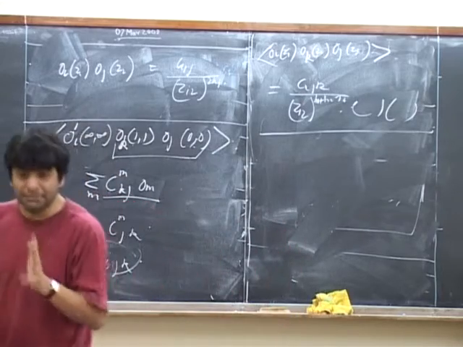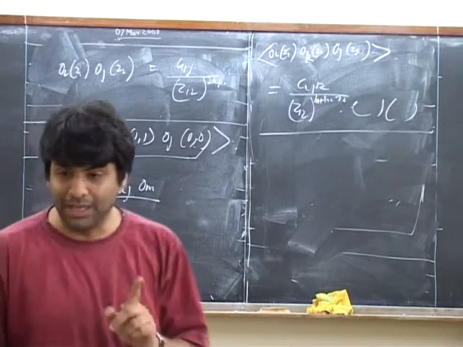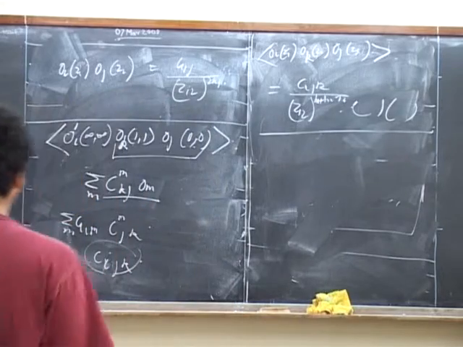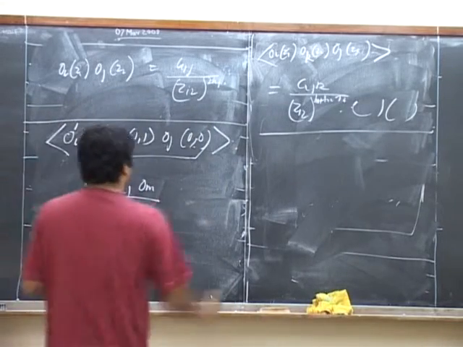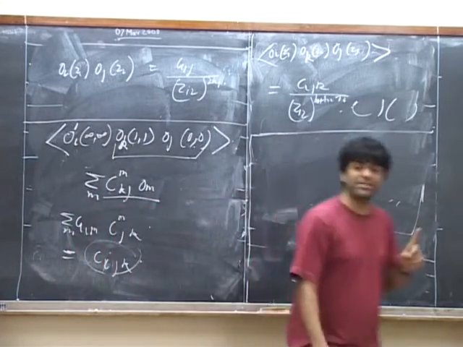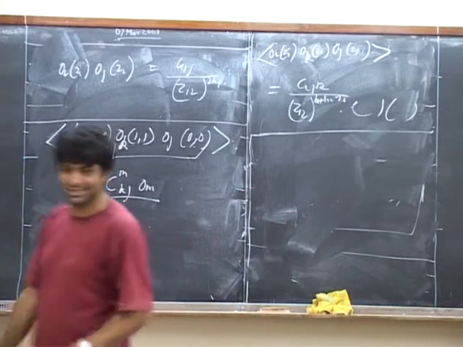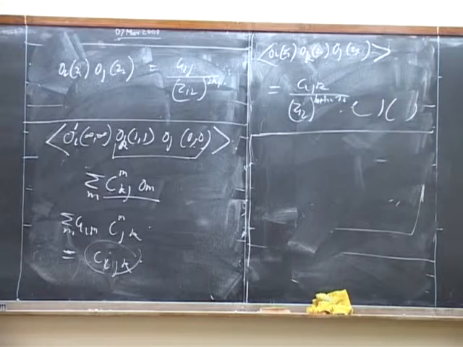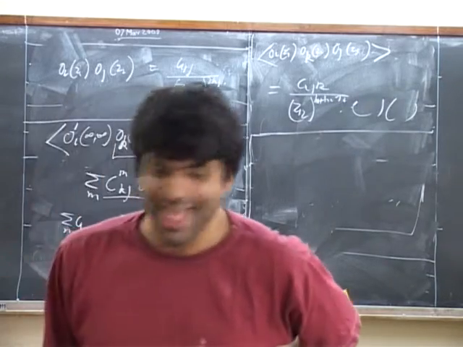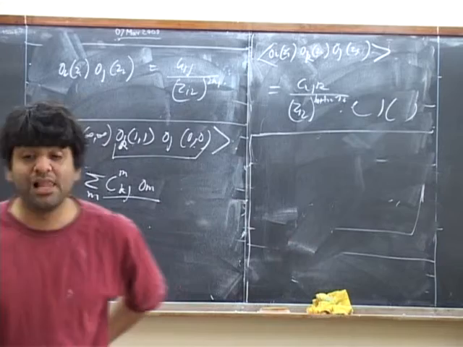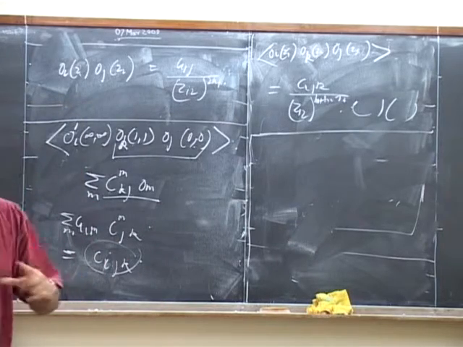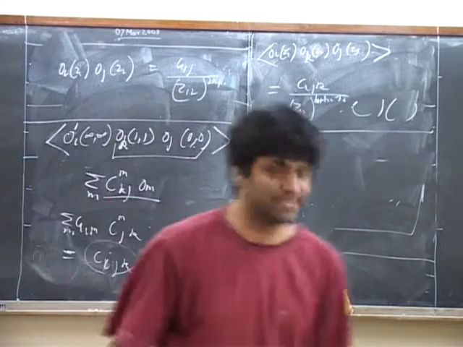Perhaps the last conceptual point I want to discuss here is the relationship between this pairing of wave functions, the pairing of operators, and the usual inner product on the Hilbert space.